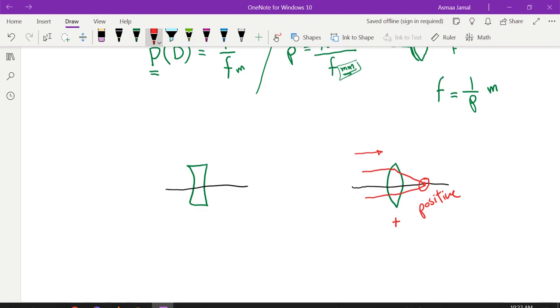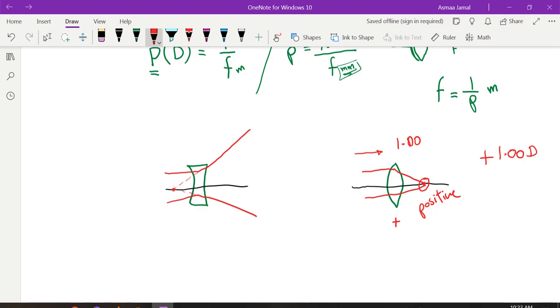So here, let's say this one is 1 diopter. Since it's a convex lens, we write it like that, positive 1. In the concave lens, the light will diverge like that. So you have to draw the focal point like this.